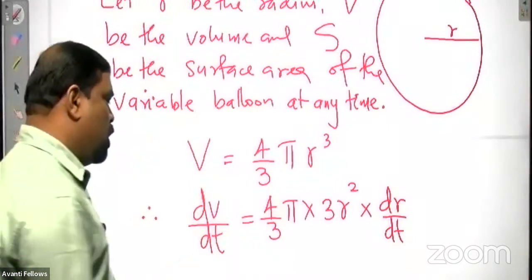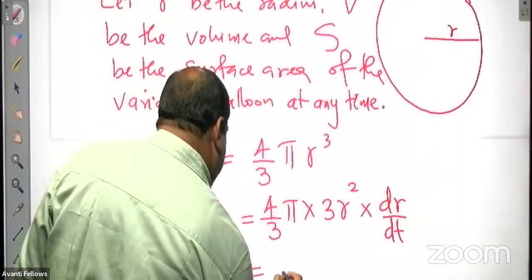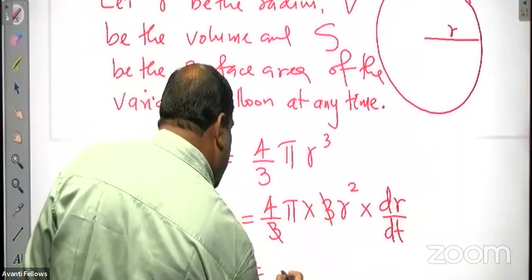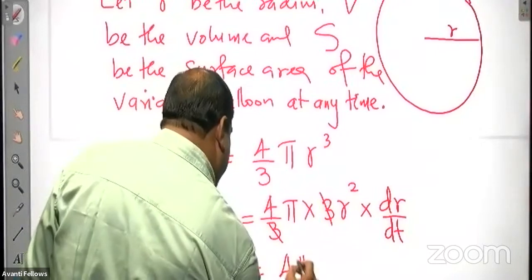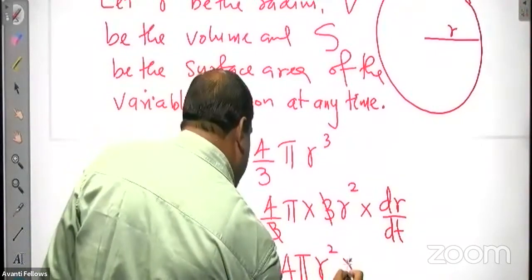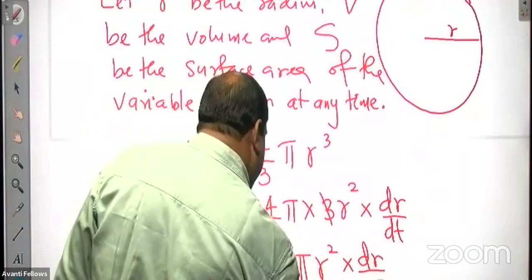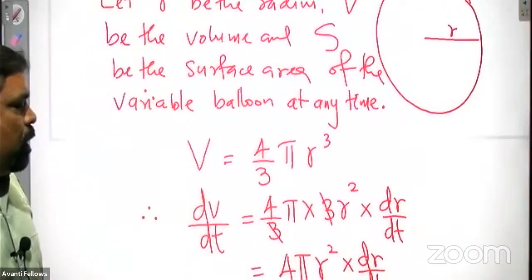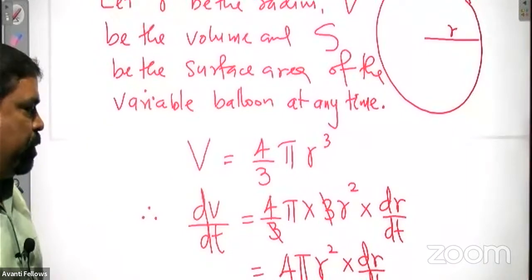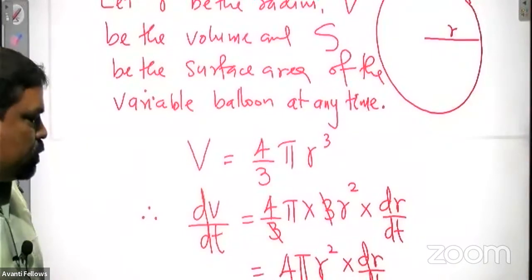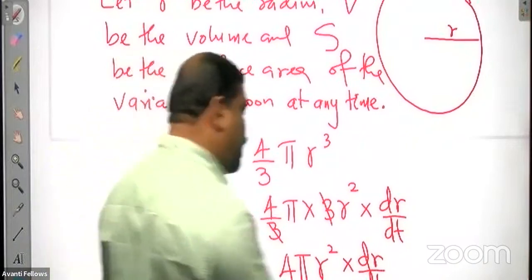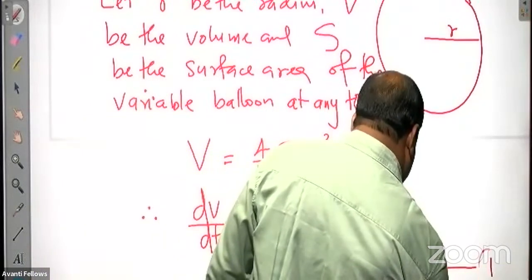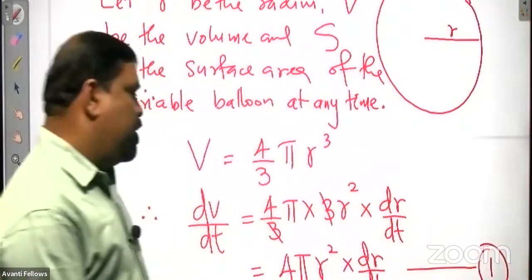You can modify a little: 3 and 3 can be cancelled. So 4 pi r square into dr by dt. So this is dV by dt.